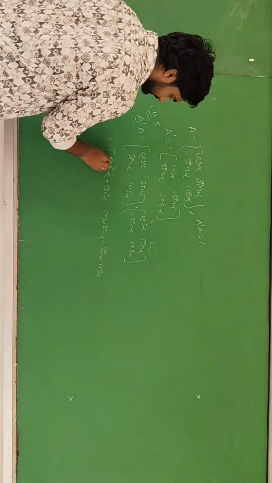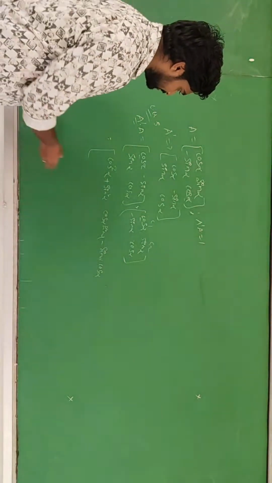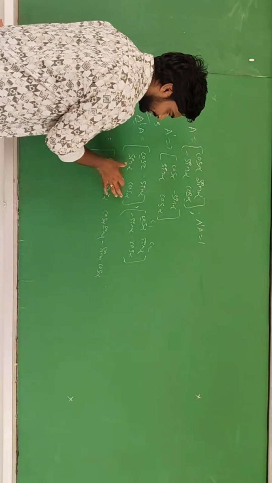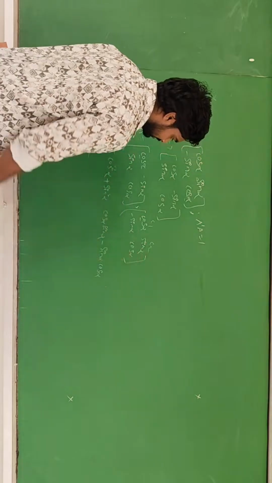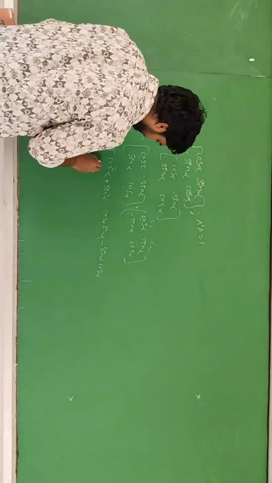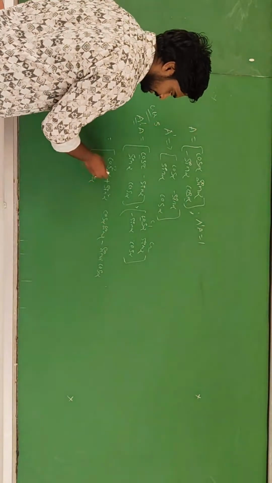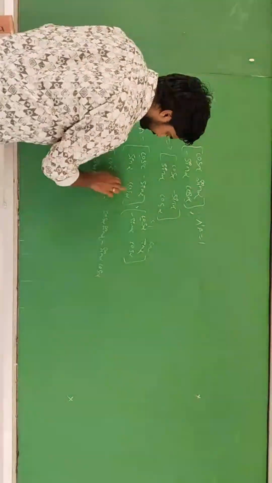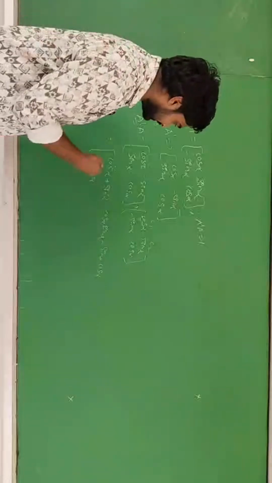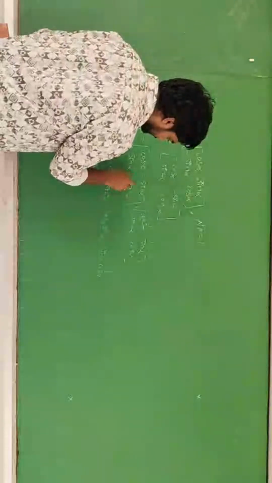Now first row is completed. Now it's time to perform second row first column and also multiply the second row with the second column. So first one is sin alpha into cos alpha, as it is sin alpha cos alpha. First of all we deal with the symbols. There is no symbol specified here, so we put it as a plus.